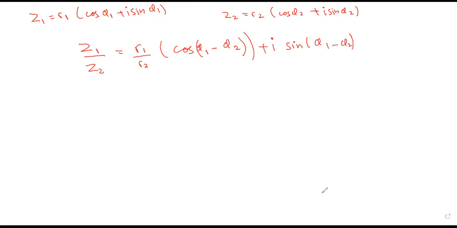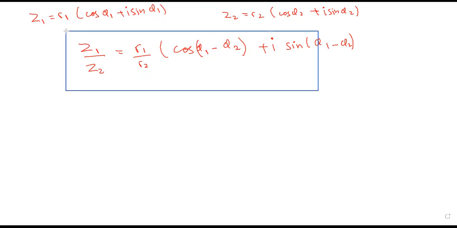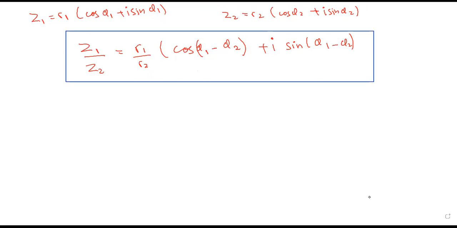Wait, there's some problem. Let me just write it again. So it would be R1 by R2 cos theta 1 minus theta 2 plus iota sine theta 1 minus theta 2.